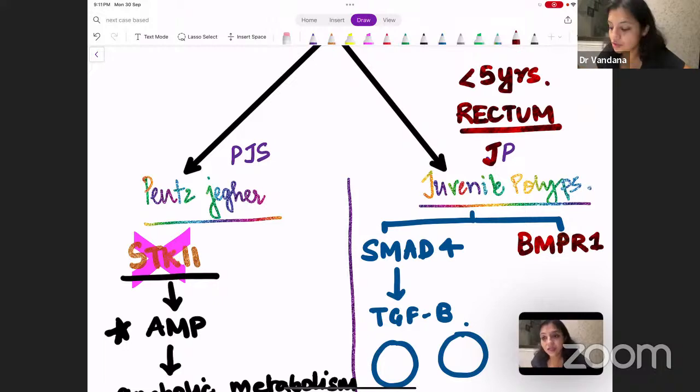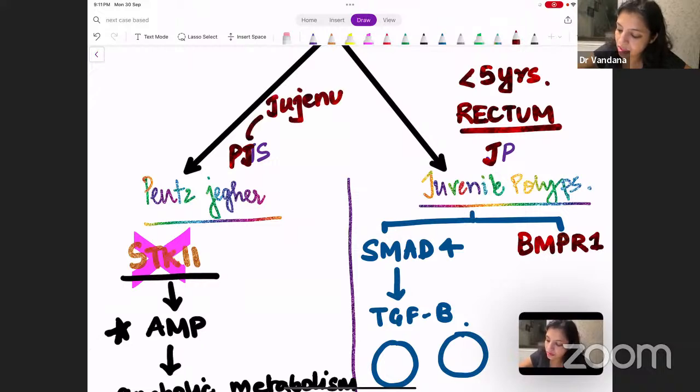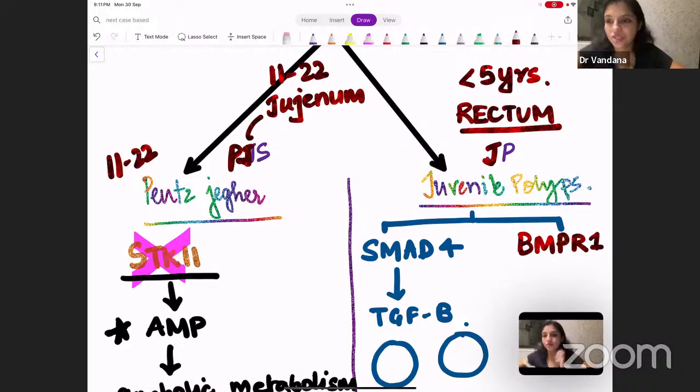In contrast to this, PJ, the name itself says small intestine. It occurs usually in the small intestine, with the jejunum being the commonest site. They usually present in the age group of 11 to 22 years. That's the age group for PJ polyps.